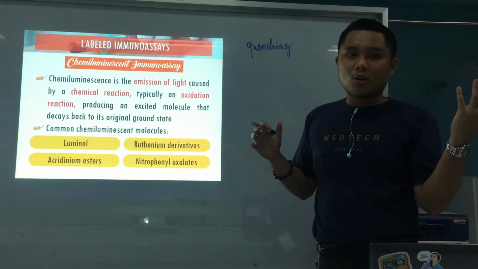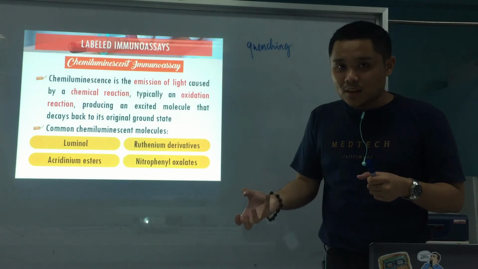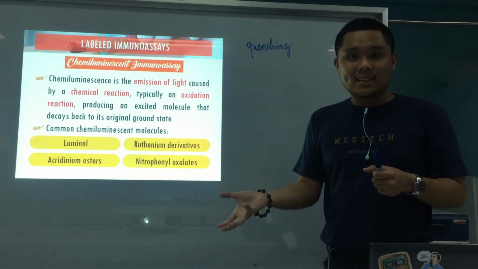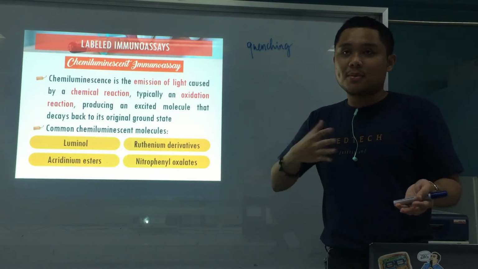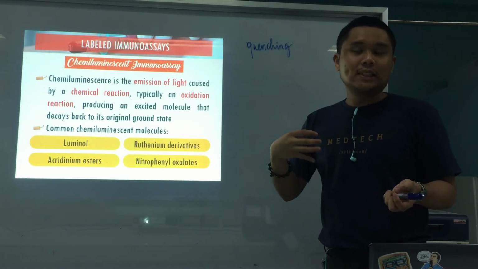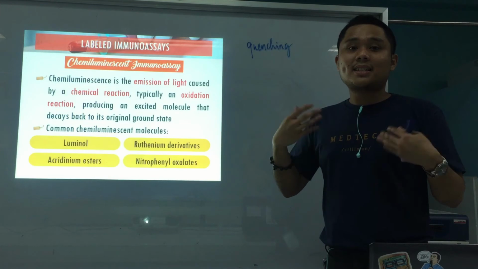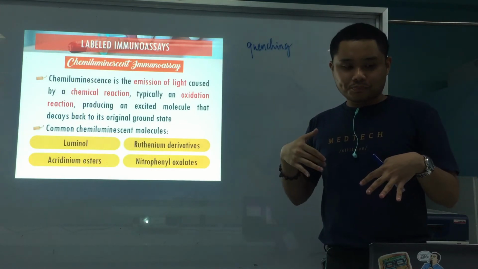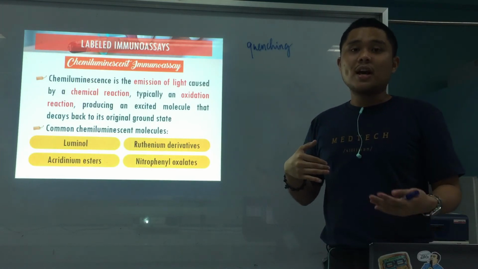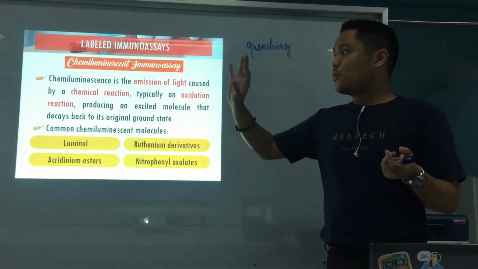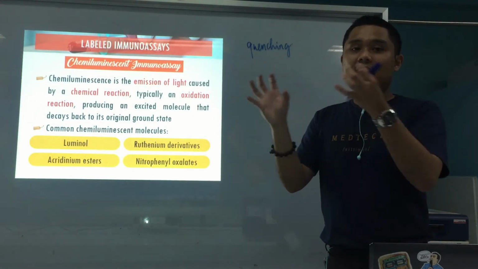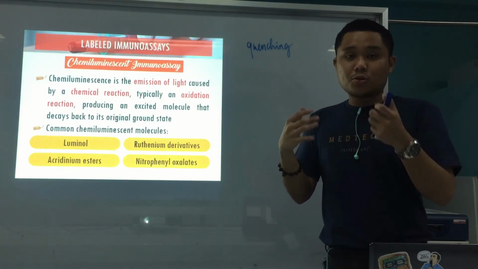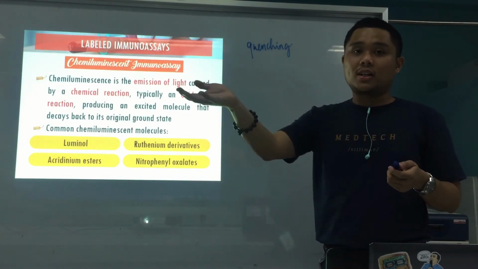In fluorescence, it's the molecule itself that releases light once it is excited. So it doesn't need a chemical reaction. If you give it incident light, it gets excited, then after a while the electrons return to the ground state and it releases fluorescence. Whereas for chemiluminescence, you have a molecule and you need to react it with another, usually an oxidation reaction, to produce the light.